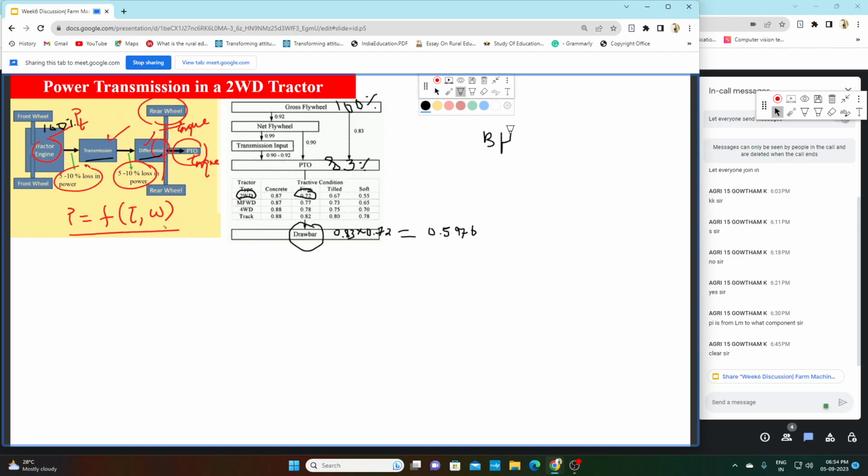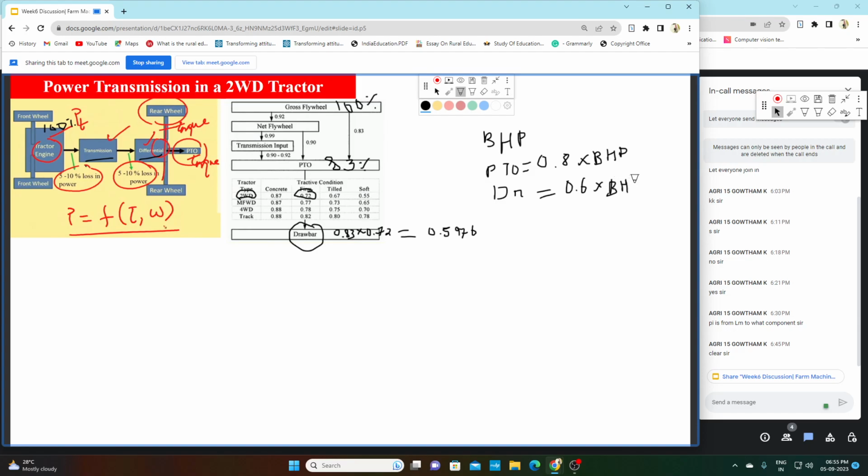Okay, BHP, that is brake horsepower. We are writing PTO power as 0.8 BHP, and we are writing that drawbar power is equal to 0.6 BHP, that we assume.